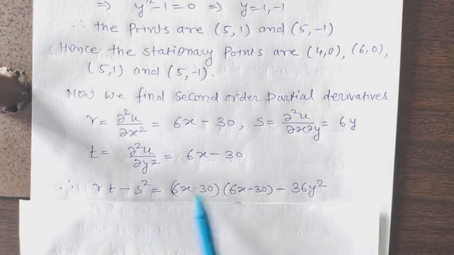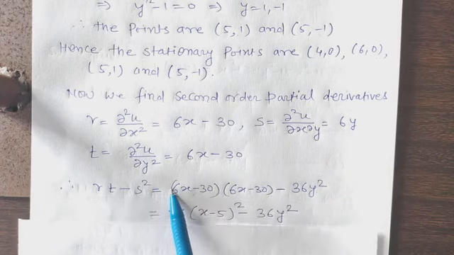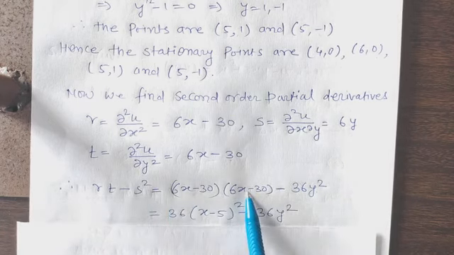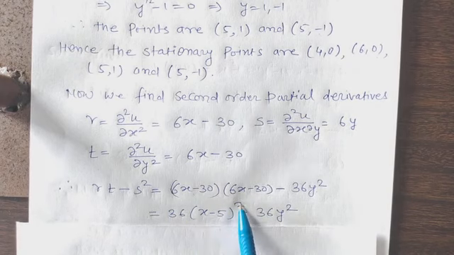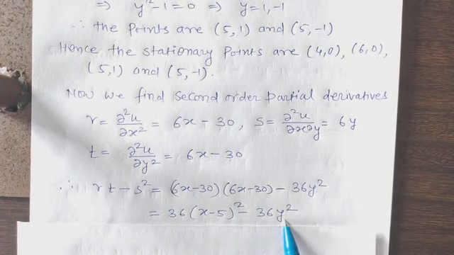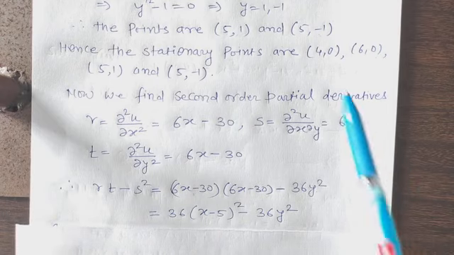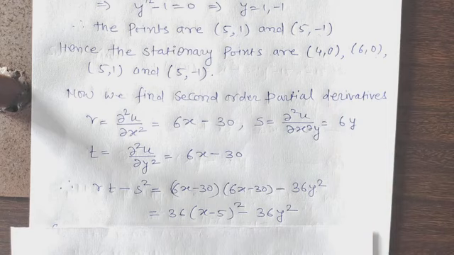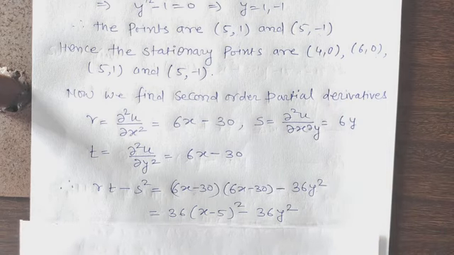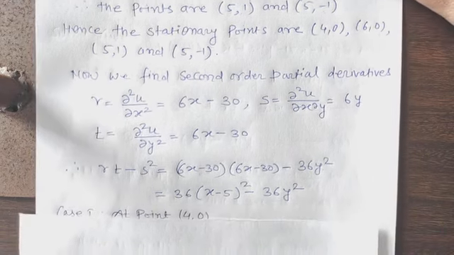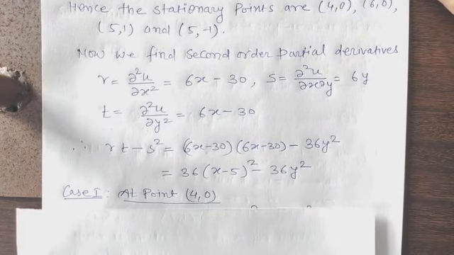From this factor we take 6 common, we get x minus 5 here. So 6 into 6 is 36, and (x minus 5) into (x minus 5) is (x minus 5) whole square, minus 36y square. So this is the value of rt minus s square. Now one by one we check these stationary points for maxima and minima. So case first, at point (4, 0).